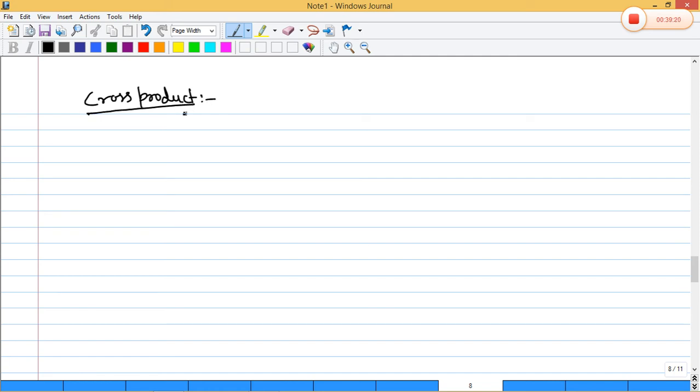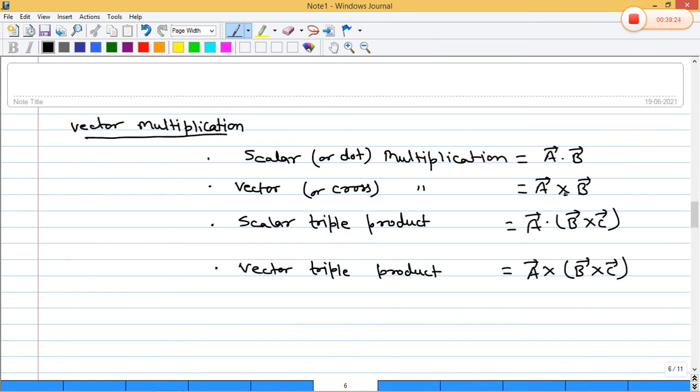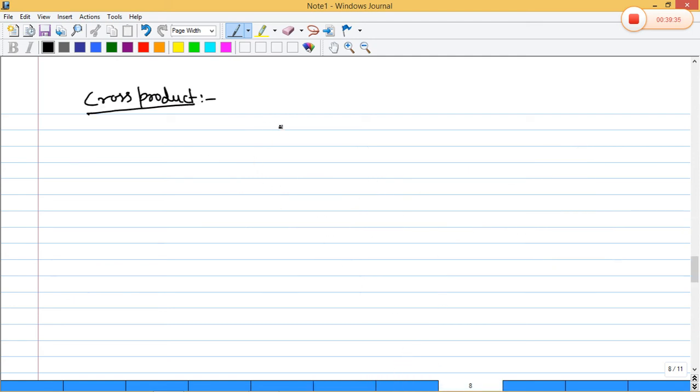Cross product. We already know that the cross product is A cross B. If we multiply these two vectors, we have to know what the result will be.